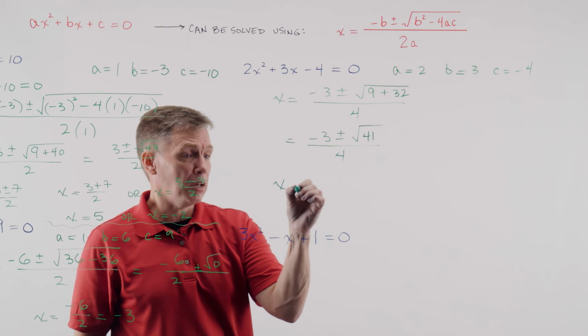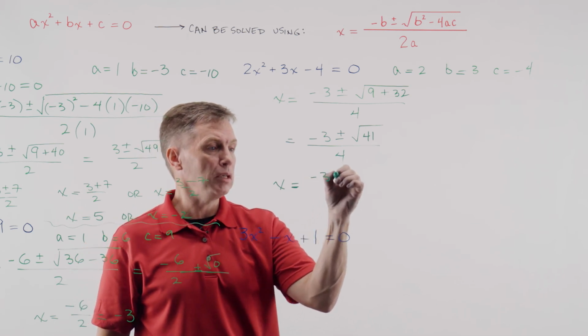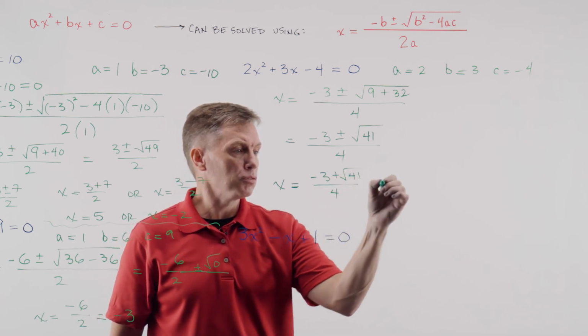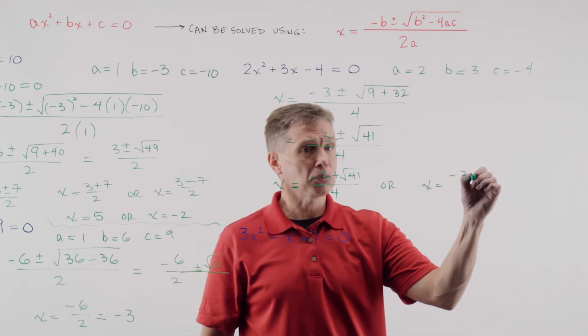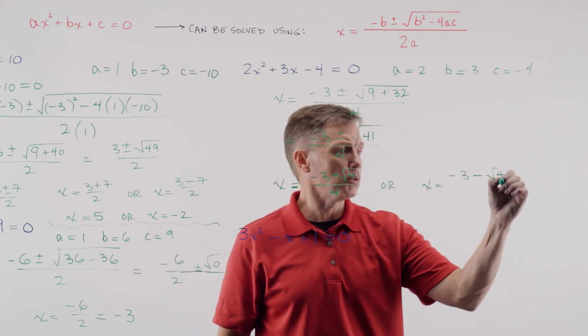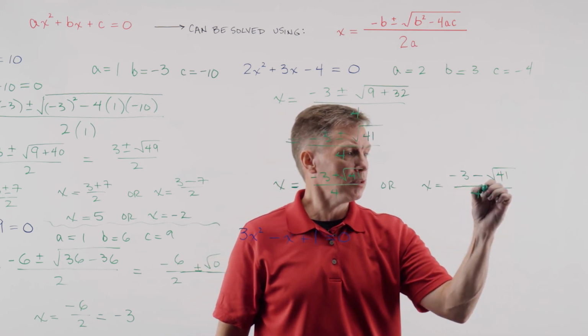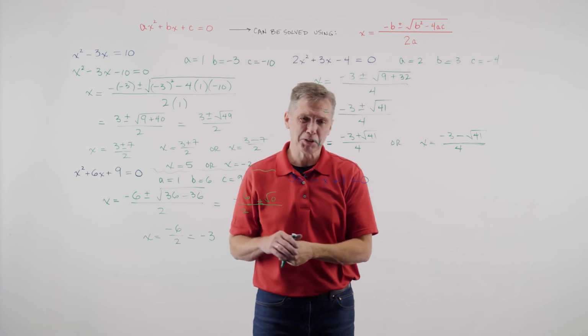But I would write this as my two different solutions. X equals a minus 3 plus that square root of 41 all over 4, or x equals the same minus 3, subtract that square root of 41 all over 4. Okay, you're always getting those two solutions, unless it's a repeated one like our second example.